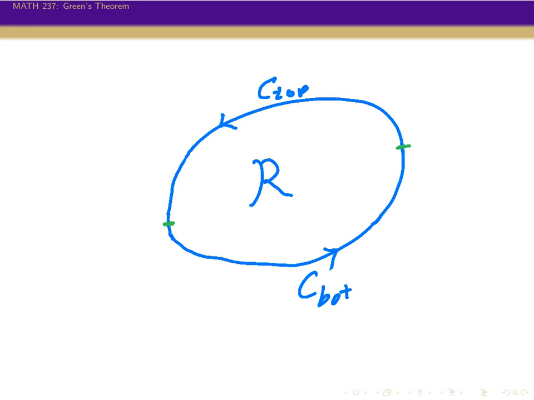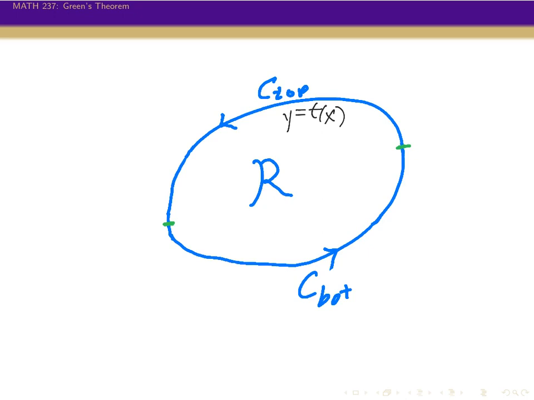Now let's look at this, and let's think about how we can actually parameterize these. The way this is set up, we can think about the top part of the curve as y equal to some function of x. Let's call it t of x.